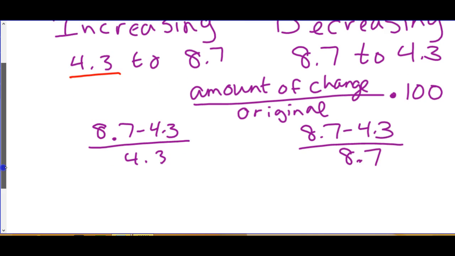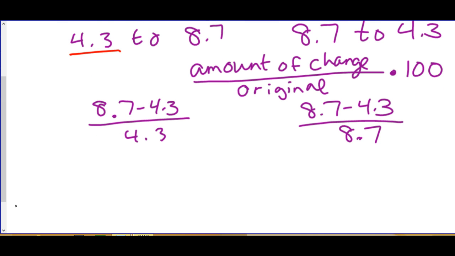Now when we go plug this into a calculator, we need to figure out the top part of these fractions first. We want to get that subtraction done, and then we can divide. So 8.7 minus 4.3 is 4.4.